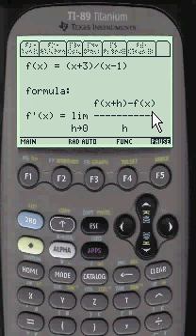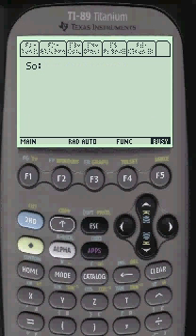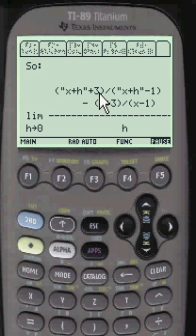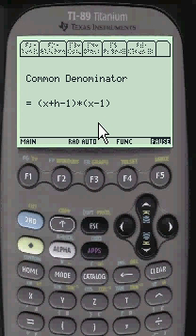Here's the formula that we're going to use. We're going to substitute x plus h for every x in the function. And then we're going to subtract the function. So here we go. We got (x plus h plus 3) divided by (x plus h minus 1). Okay. Now we have to do the common denominator, so I show you that.